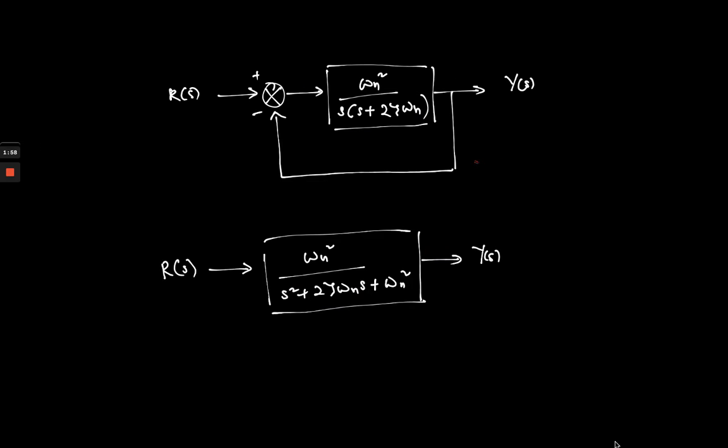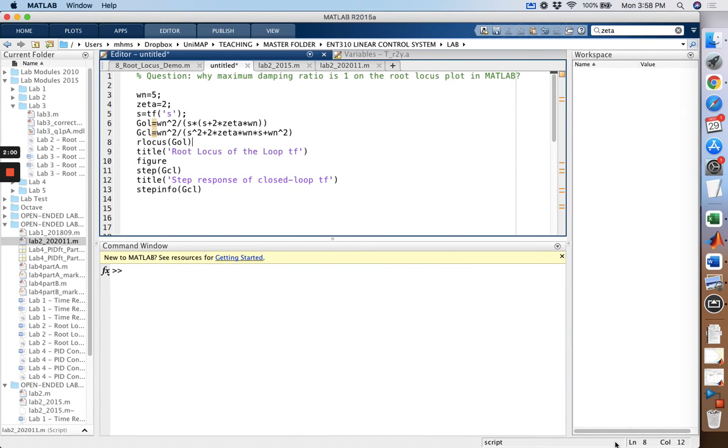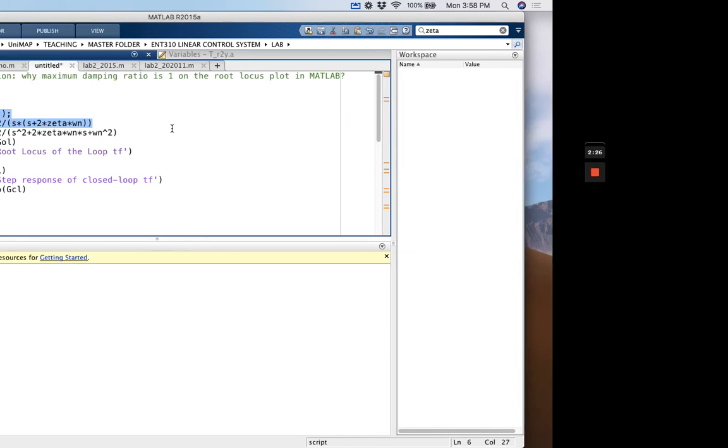Let's demonstrate using MATLAB. Let's say we have omega n equals 5. I just take this arbitrary value, and I want to take zeta equals 2. So let's define the transfer function. I use s equals tf('s'), and then I define it by the diagram here.